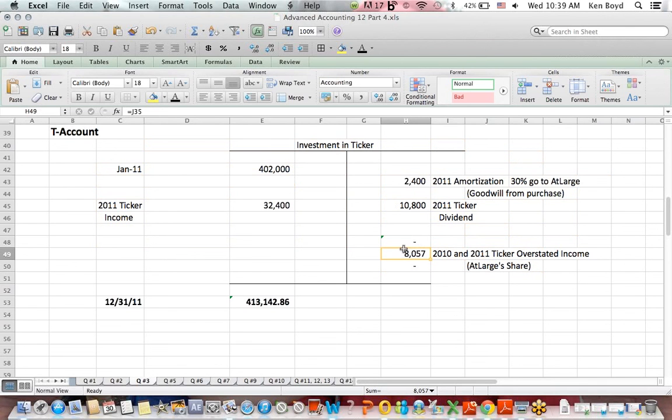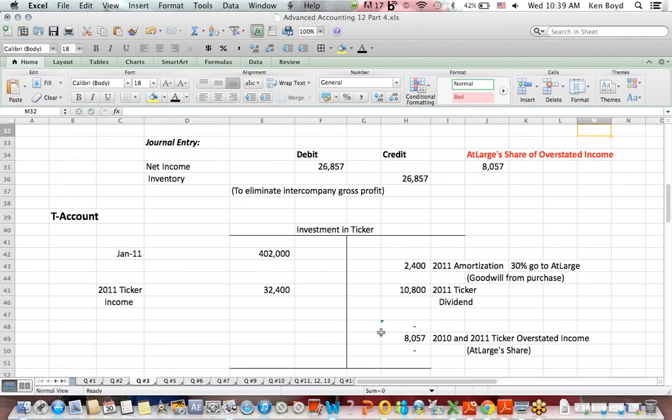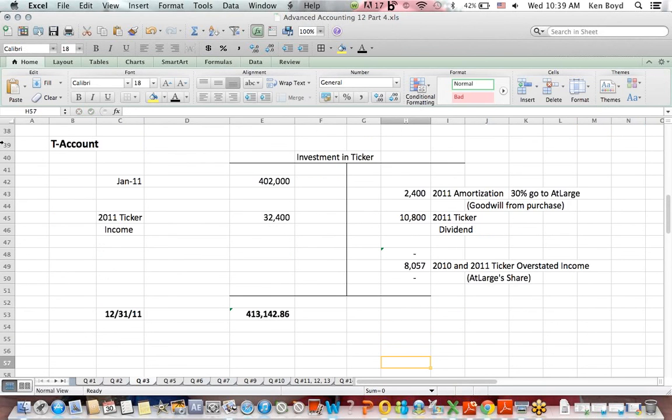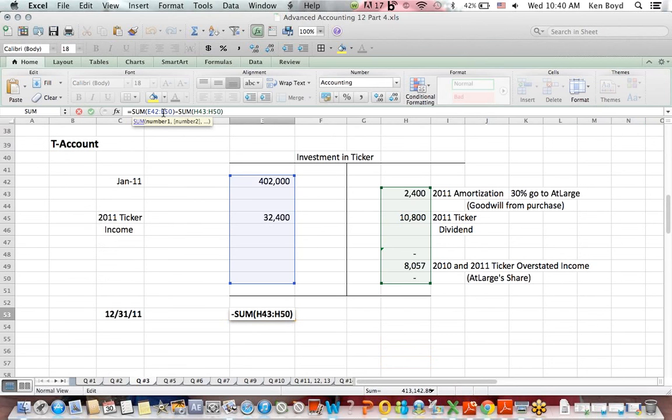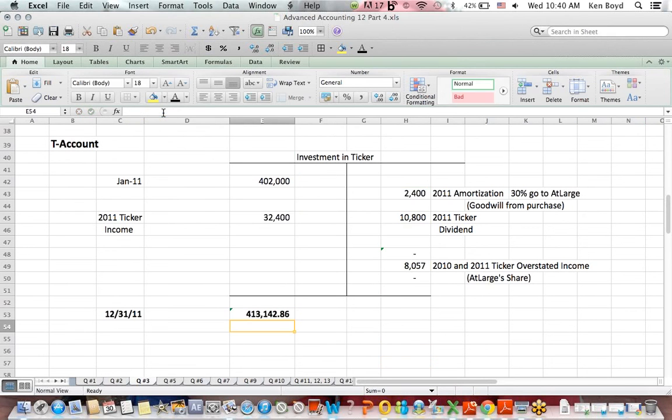And then finally, there's that overstated income that we saw just above. So the 30% of the total intercompany profit, that number in blue, gets eliminated. It reduces the investment in ticker asset account. And so we can calculate a new investment balance, the debits in blue less the credits in green.